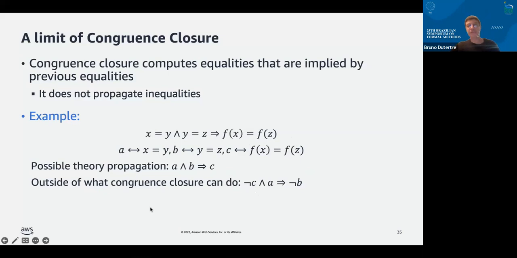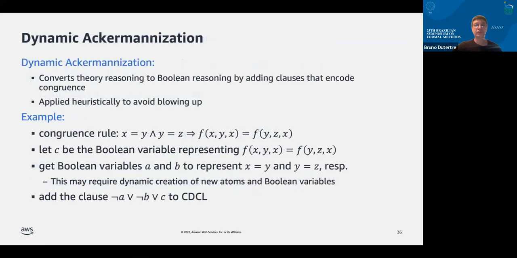So what we can do in this case is something a little bit different, called dynamic Ackermannization, which is compiling theory reasoning into new clauses. So, adding new clauses on the fly that encode some facts that are true at the theory level.